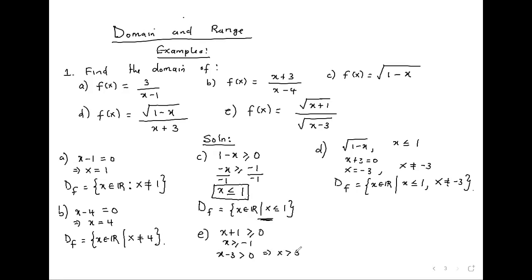Then now, if you look at the intervals, if I have this, the other one from -1, the other one from 3. So if I put it here, you get the intersection.